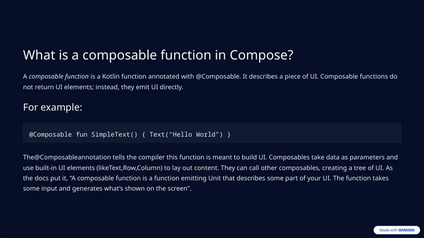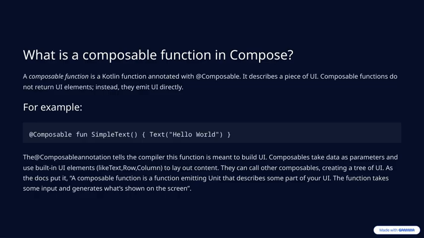not just generate data. Composable functions can take data as input parameters, and then use built-in UI elements such as Text, Row, or Column to lay out your content. They can also call other composables, forming a hierarchy or tree of UI components. As the official documentation describes it, a composable function is like a function emitting a unit that describes some part of your UI.